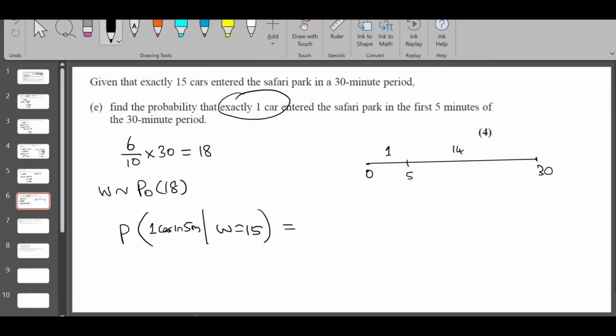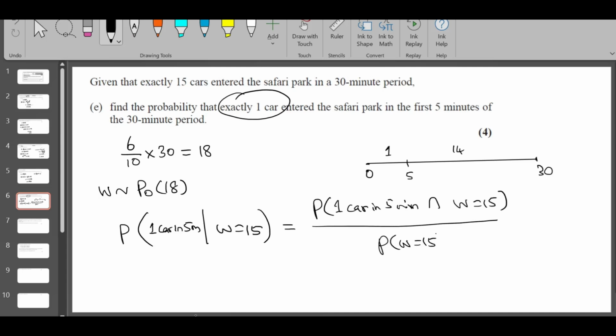We know the formula for conditional probability, P of A given B. That means P of one car in the first 5 minutes intersection total of 15 cars, divided by probability of total of 15 cars. So far so good, right?